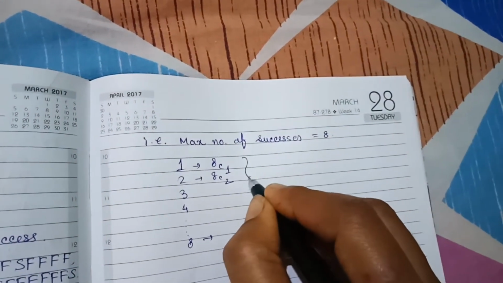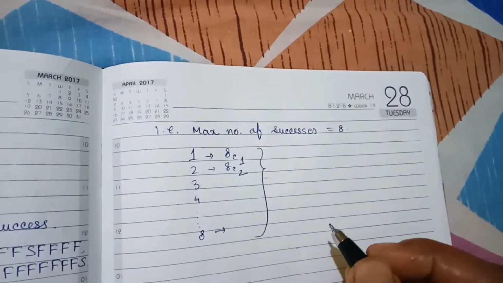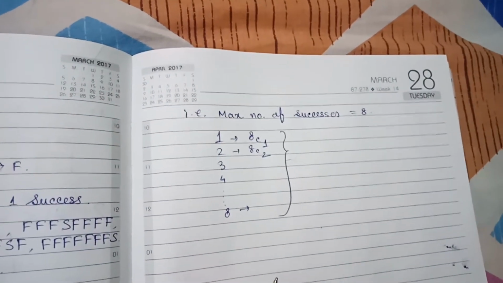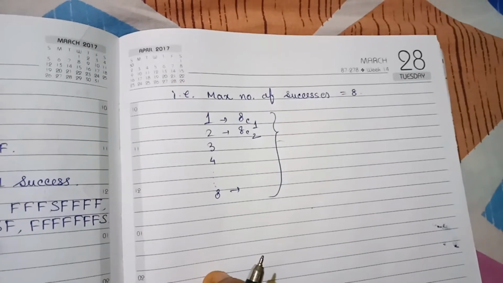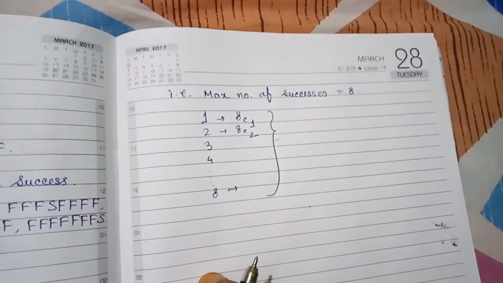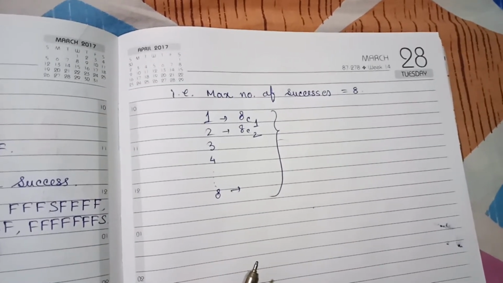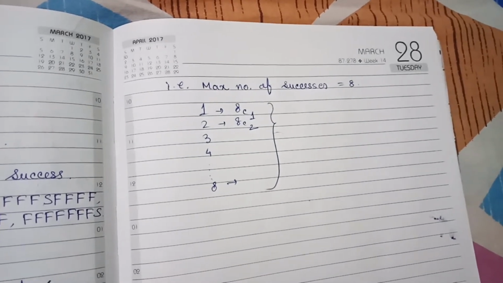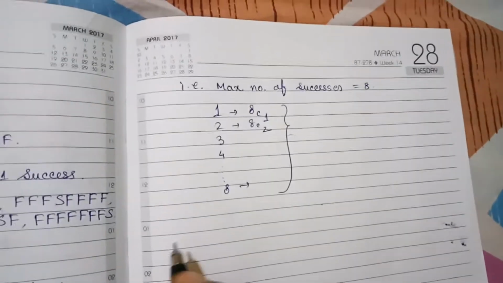So don't you feel that this will be a very lengthy calculation? So just to avoid these lengthy calculations, we will be using the formula related to n Bernoulli trials, and that is actually derived for this particular binomial distribution part.